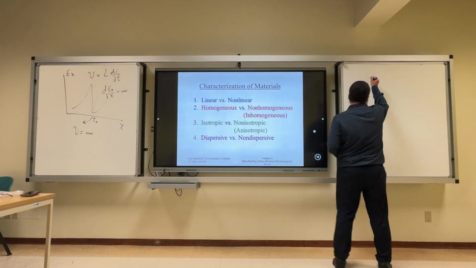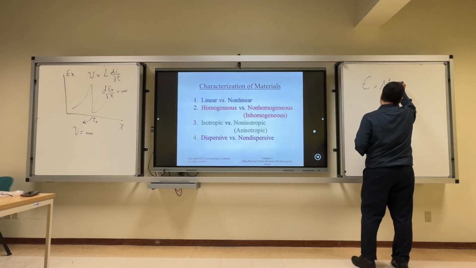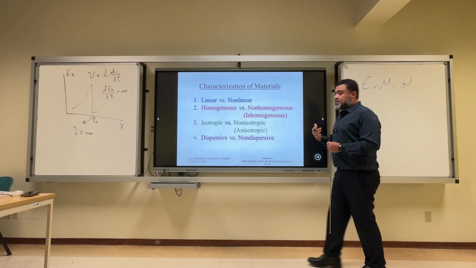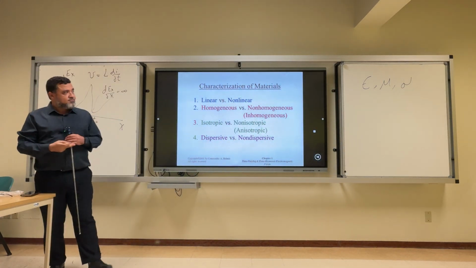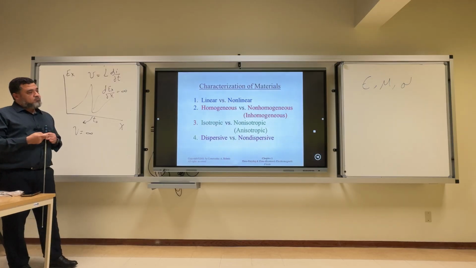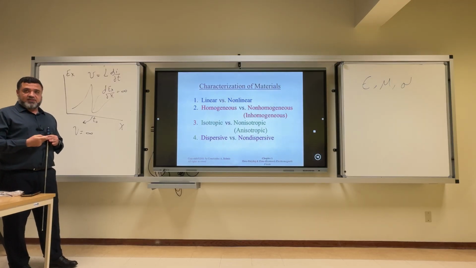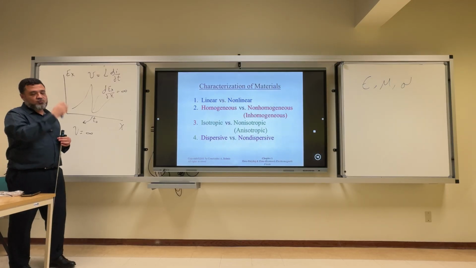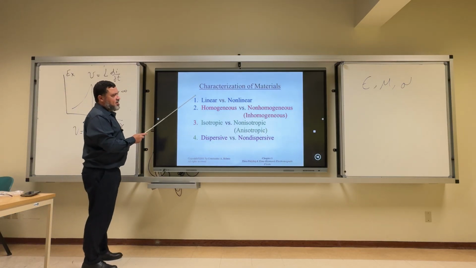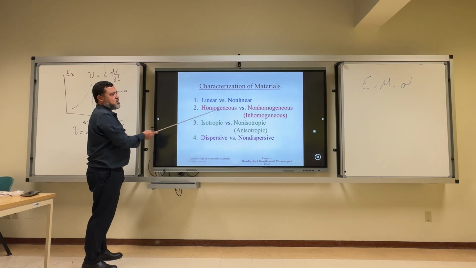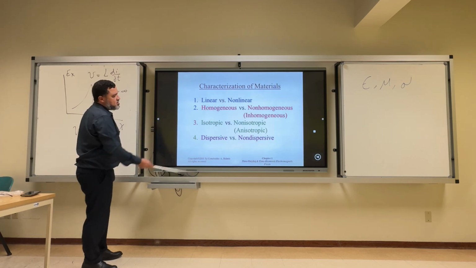These parameters respond in different ways to frequency, to the magnitude of the field, and to the direction of the field. So we have 3 factors that can control these values. This takes us to this classification: linear, non-linear material, homogeneous, inhomogeneous, isotropic, non-isotropic, dispersive, and non-dispersive.